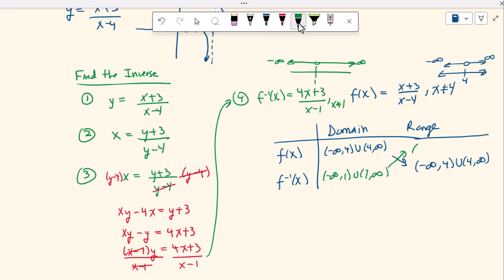And then this swaps over. To me, it's easier to find the domains and then swap to the ranges. So that's about everything for this function. We didn't look at the graphs, but you can graph those on your calculators if need be, and then figure out the inverse graph as well and compare them. And remember, they have to reflect across the line y = x.